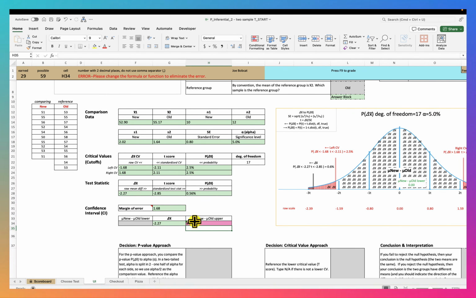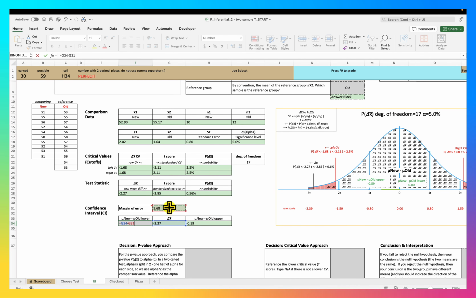Well, that didn't work out well. Let's try that again. Undo. Equals that number plus margin of error. I don't know what I did before, but anyway, everybody's happy now. Equals that number minus margin of error.